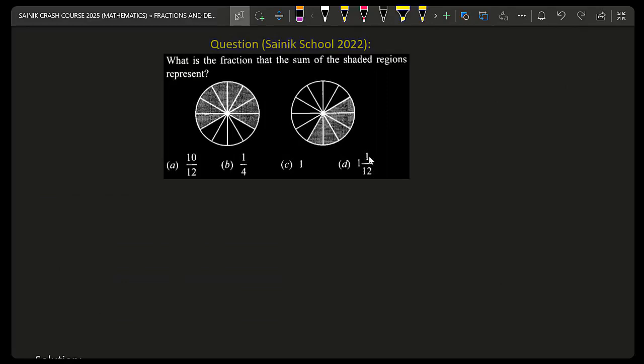Samatvika, can you answer? Yes, sir. Tell me. Sir, option B. Why option B? First one, what is the fraction represented by the first one? Samatvika, are you there?